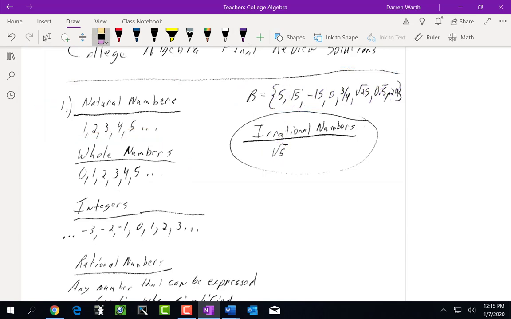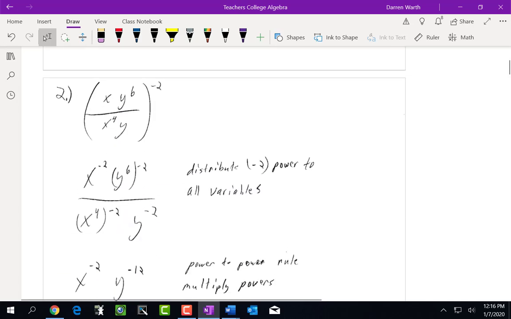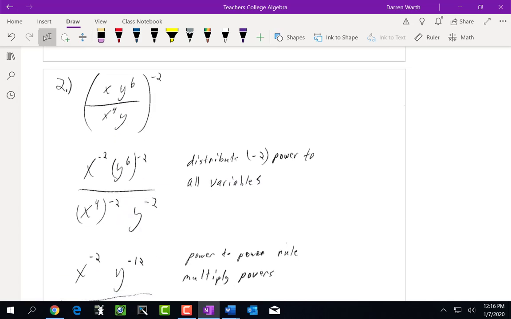On number 2, it says that we have this algebraic expression. So we've got x, y to the 6th all over x to the 4th, y. And notice this is all to the -2 power. So you're going to notice that this -2 could apply to everything inside of the parentheses.